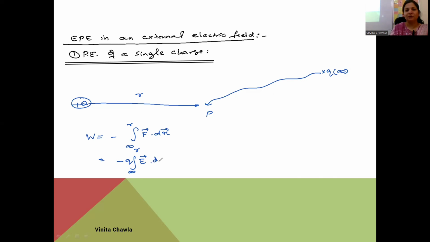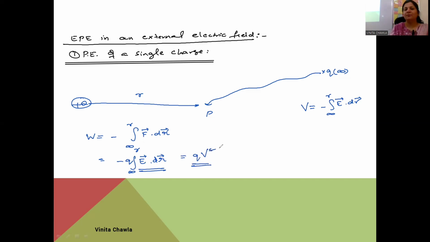So it is E dot dr, or this E dot dr is nothing but... minus E dot dr is electrostatic potential. We have done the integral form of electrostatic potential, right? So we can write this as QV.